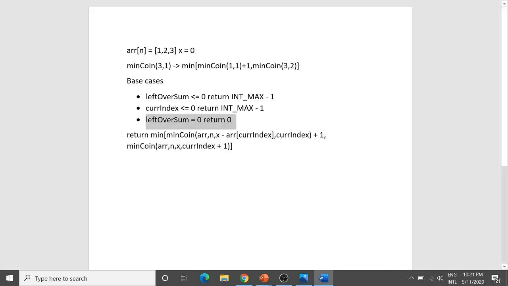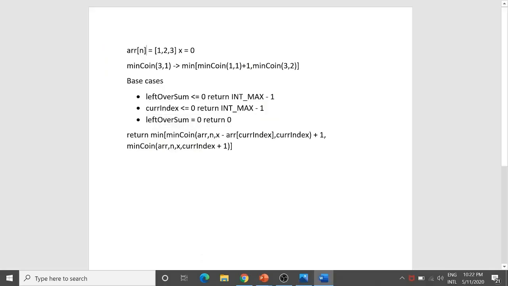Hence we hit this base case. So this 0 over here specifies that the minimum number of coins needed to make a leftover sum of 0 is 0. Hence I would be returning 0 over here.